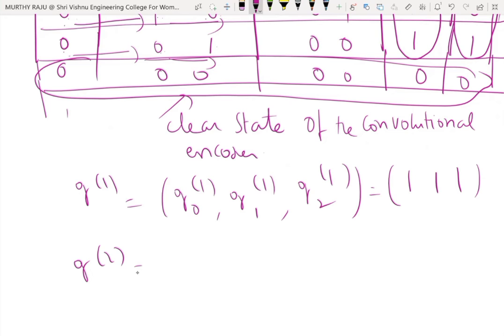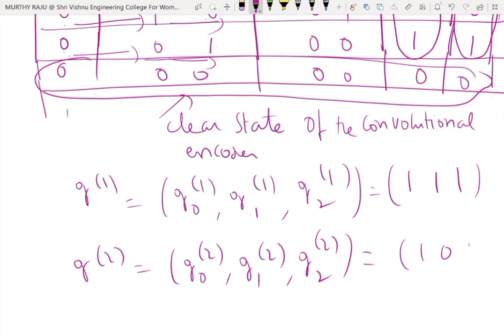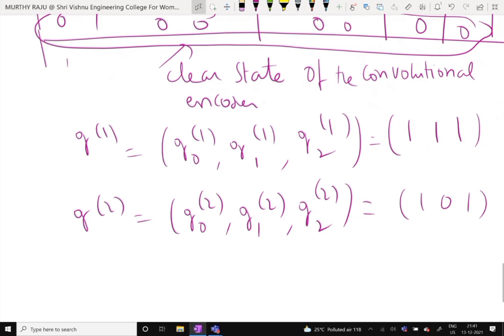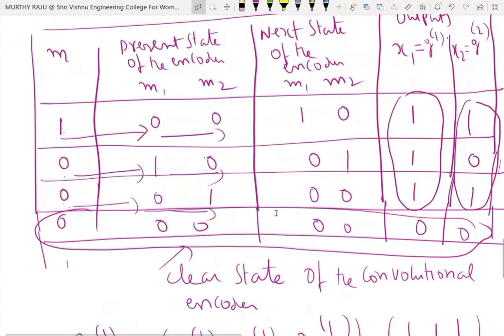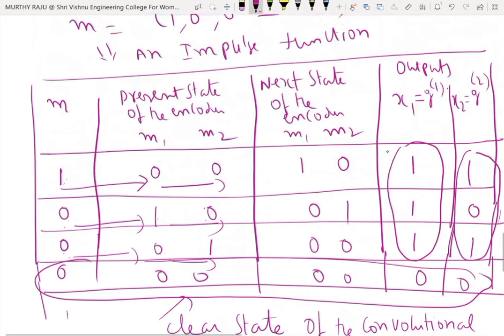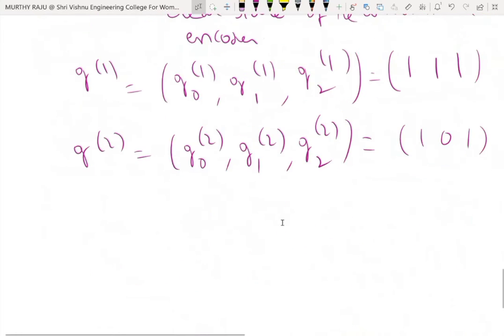G of 2 is equal to G0 of 2, G1 of 2, G2 of 2, that is equal to 1, 0, 1. They are the generator sequences.